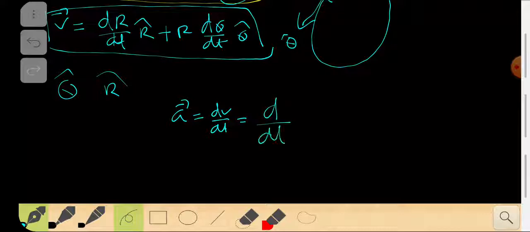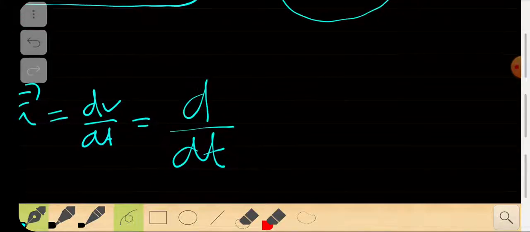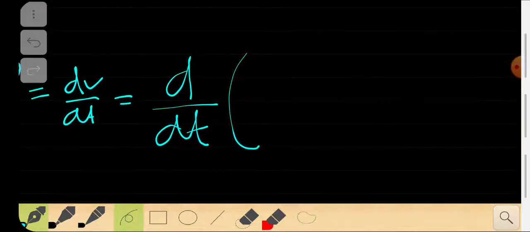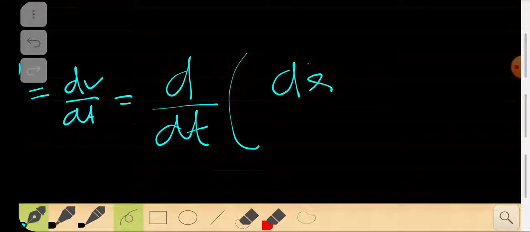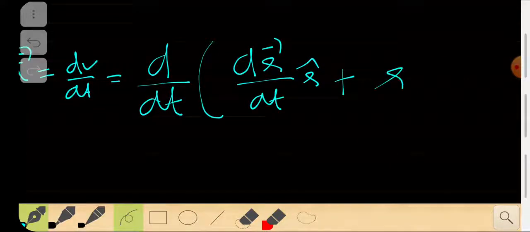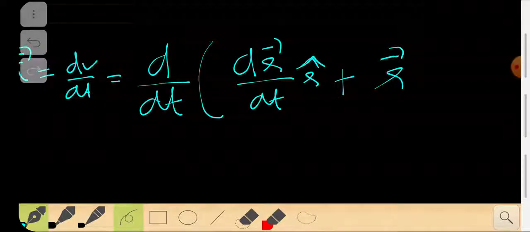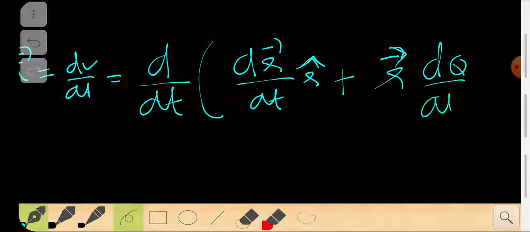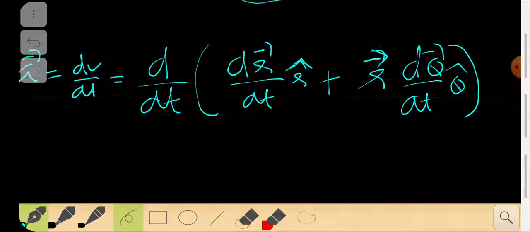So it's d by dt of v, which is dr by dt in the r cap direction plus r, which is a function of time, this is a vector and this is a cap, times d theta by dt in the theta cap direction.